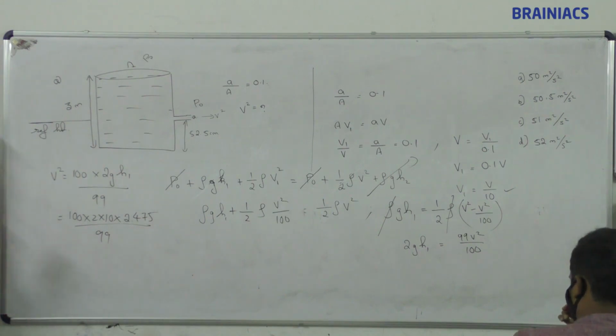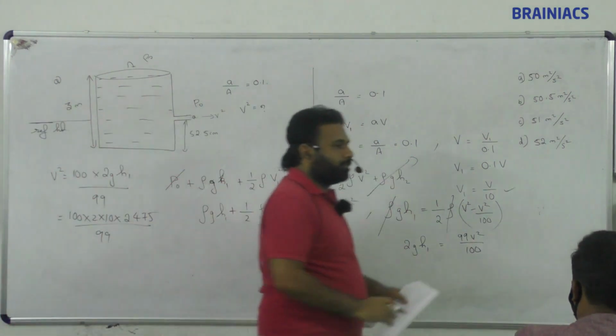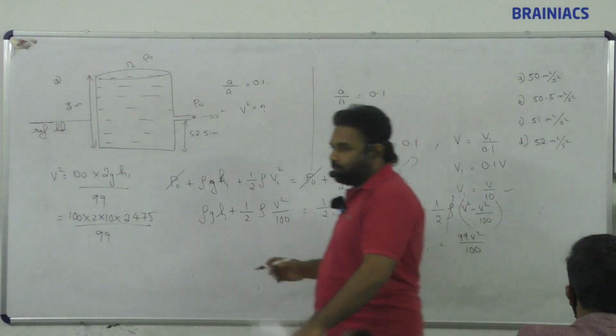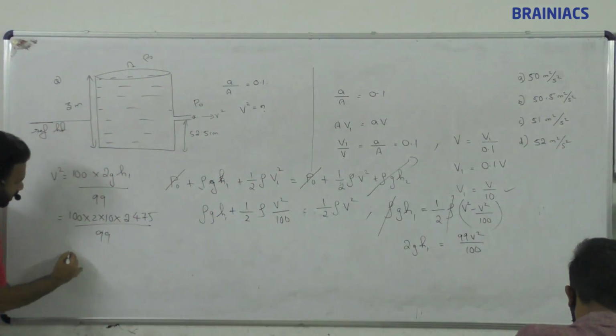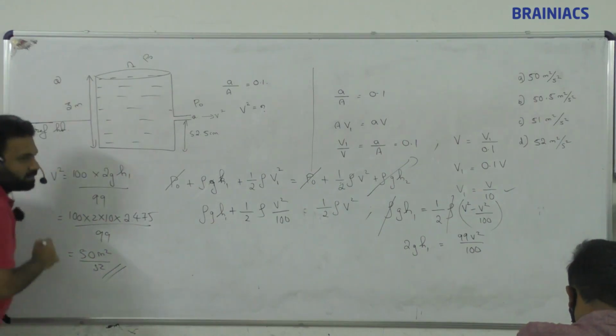Then calculate this, 50 meter per second. What are you getting? So what I got is 50 meter square per second square. So this is the answer.